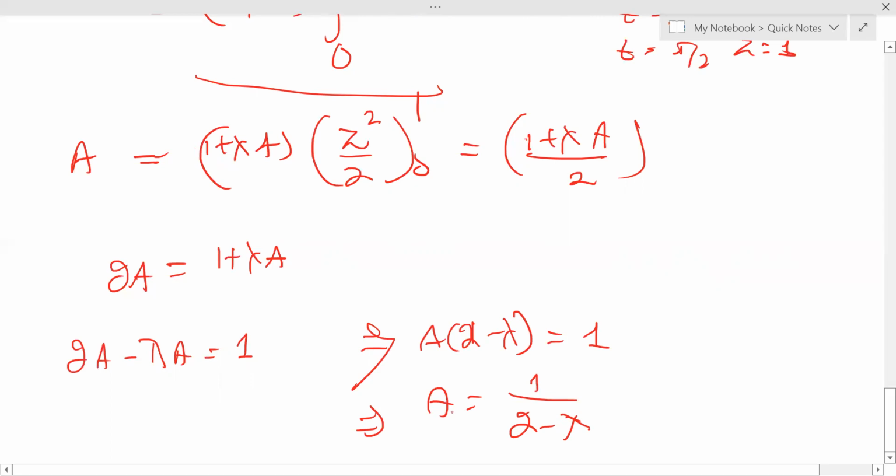Hence the solution of the integral equation is given by f(x).